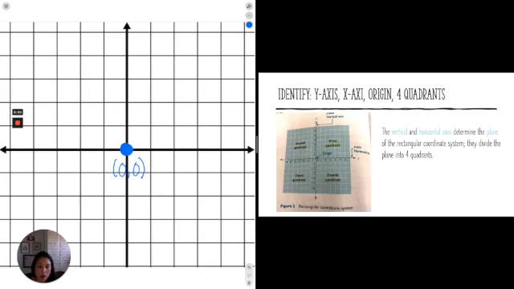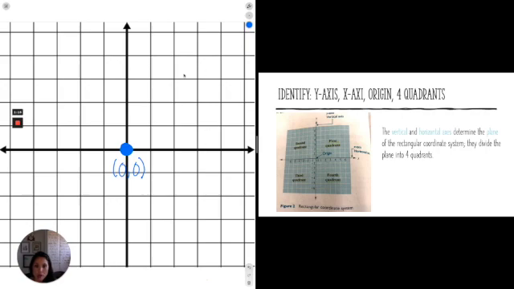The next part that you need to understand on the graph is the x-axis, which is the horizontal line. And then you have the y-axis, which is the vertical line. You also need to know that the x and y axes break the graph into 4 different quadrants.